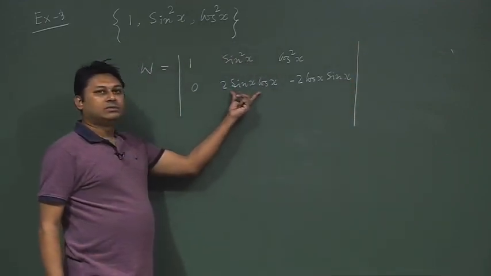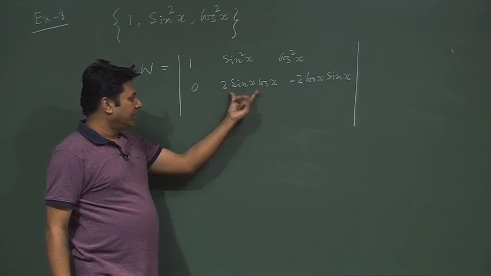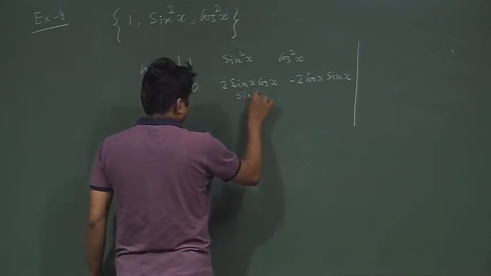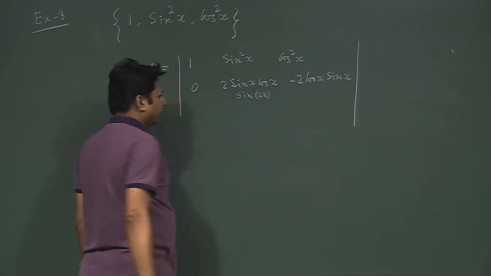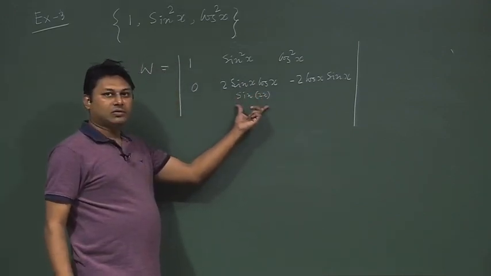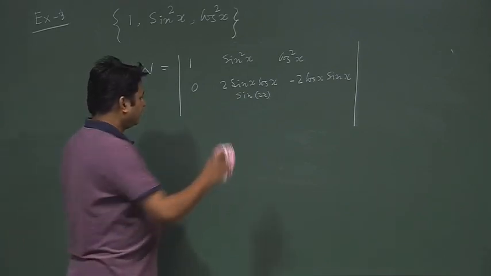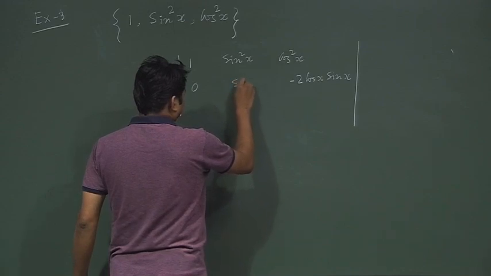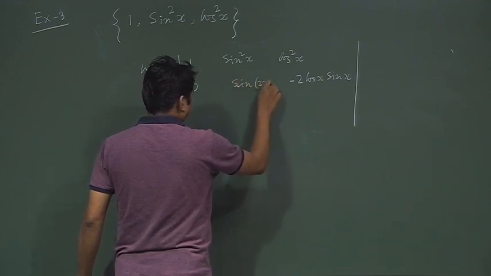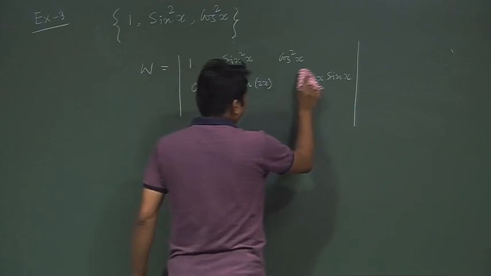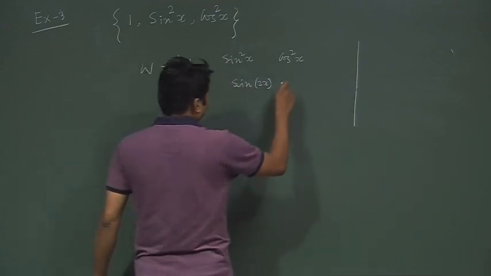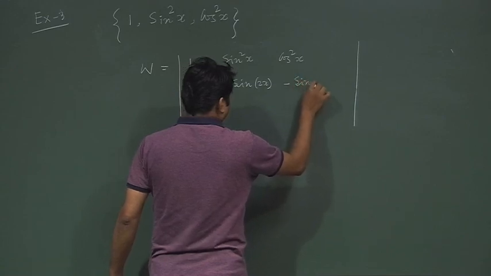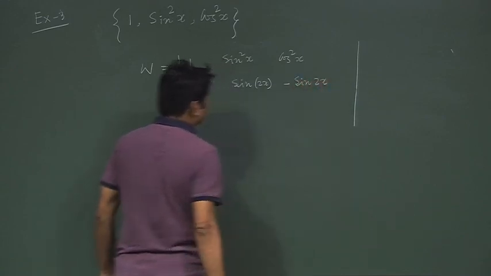Whatever quantity we have is nothing but sine of 2x, since sin 2x is 2 sin x cos x. So, let me replace this with sine of 2x. Again, this quantity is minus of sine 2x.